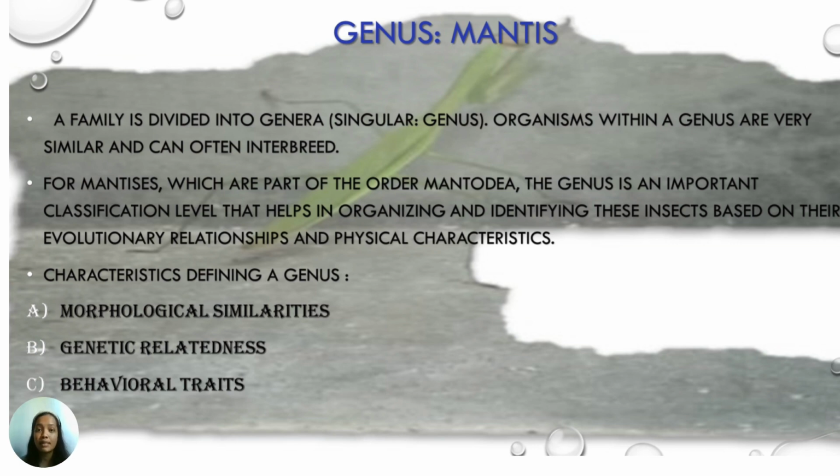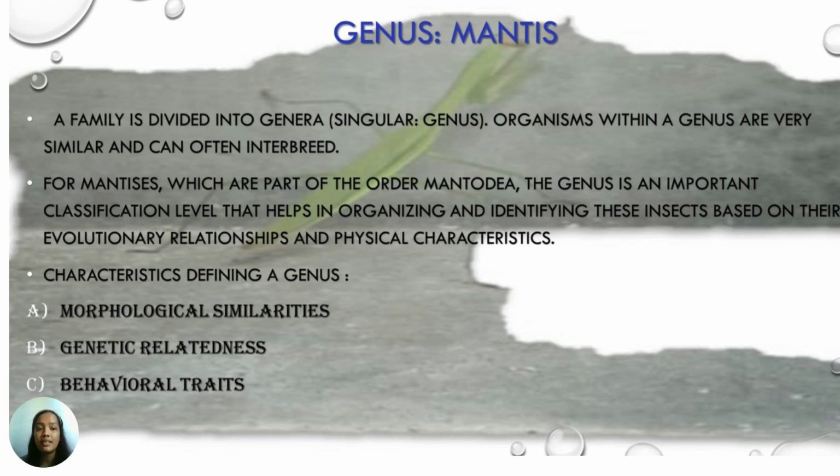Therefore, a family is divided into genera, which is the plural of genus. Organisms within a genus are very similar and can often interbreed. For mantises, which are part of the order Mantodea, the genus is an important classification level that helps in organizing and identifying these insects based on their evolutionary relationship and physical characteristics.